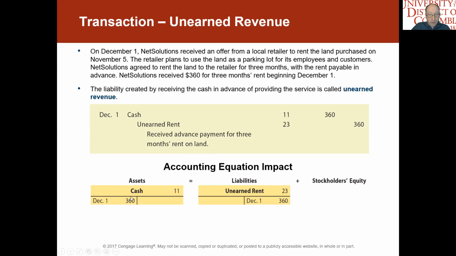What does it look like on our accounting equation? We increase our cash, debit our cash 360, and we are going to credit our unearned rent account, which is a liability account, for 360. It's a liability because the customer prepaid us.